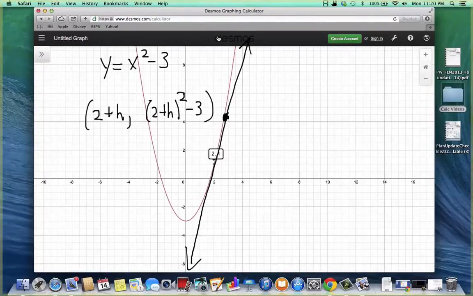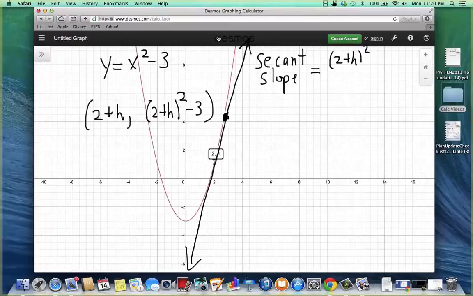Let's use the slope formula to find the slope of the secant line. Using our y2 minus y1 over x2 minus x1 slope formula, we see that the slope of the secant line is the quantity (2 plus h) squared minus 3, which is y2, minus y1, which is 1, divided by 2 plus h minus 2, which is x2 minus x1.